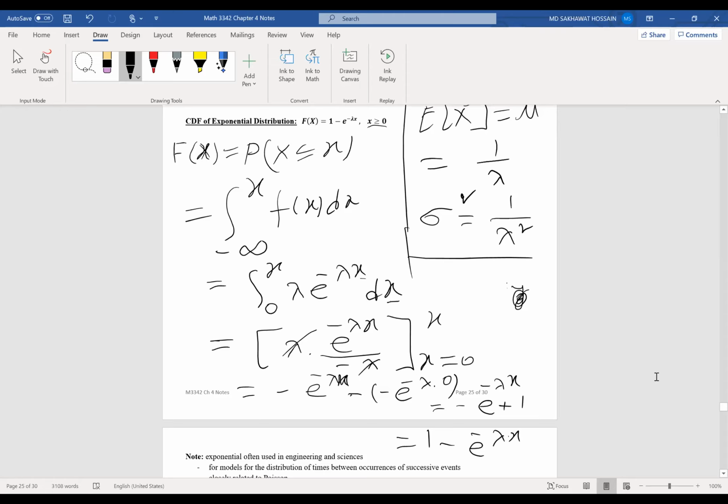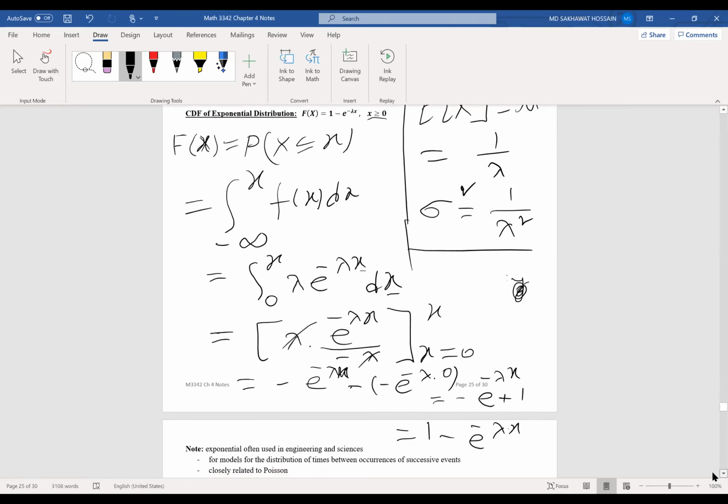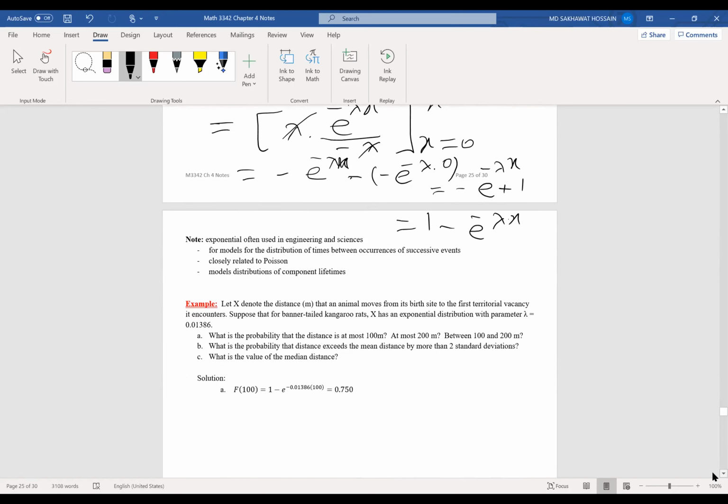This is the CDF function. The CDF is 1 minus e to the power minus lambda x, for x greater than or equal to 0. This is the CDF for the exponential distribution, and you will be using this function to find probabilities.